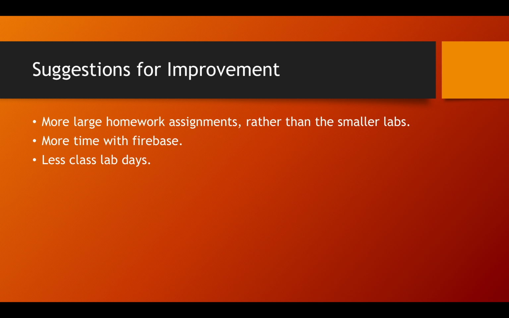Suggestions for improvement. For my own project, I'd probably try to implement Firebase rather than core data, and then add the ability to create your own account. That would probably lead on to being able to share between users and such.